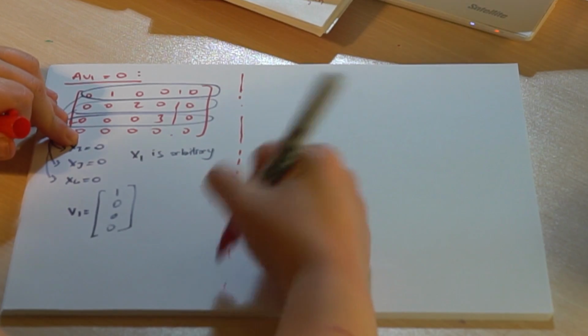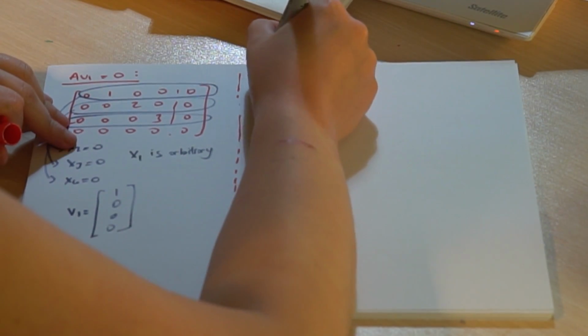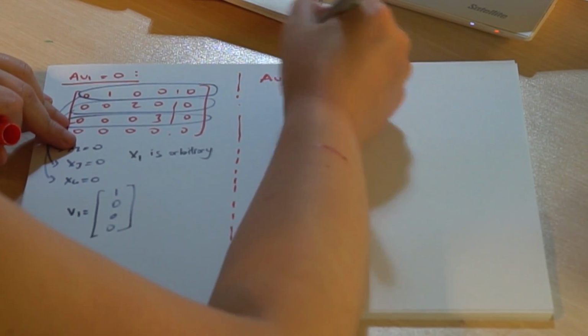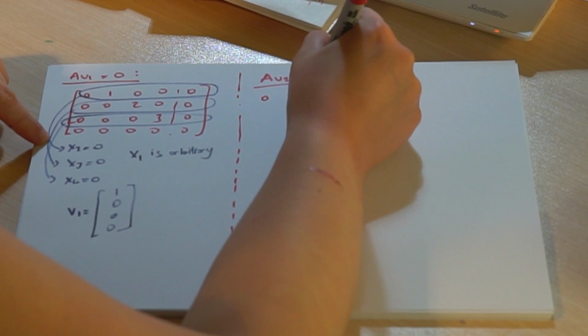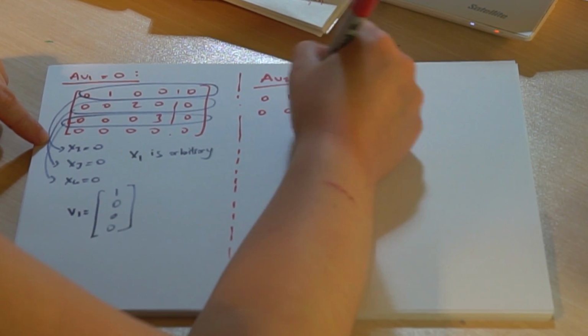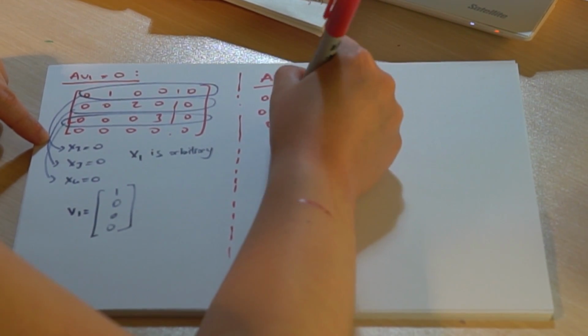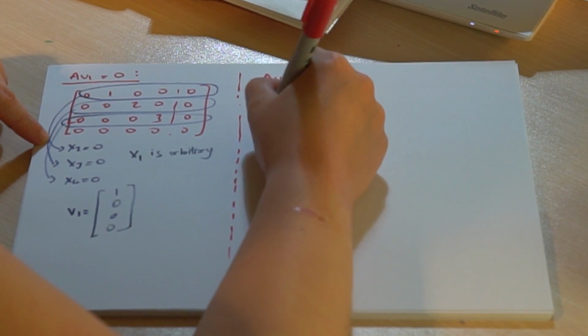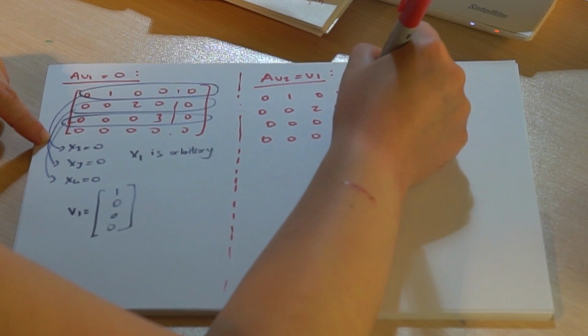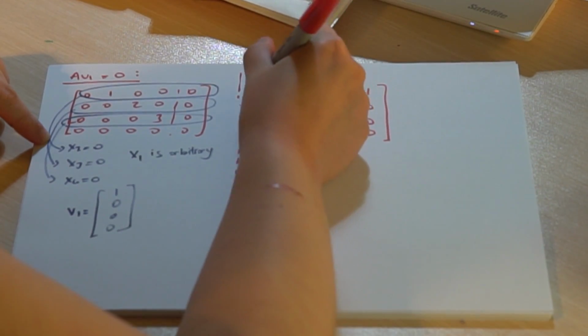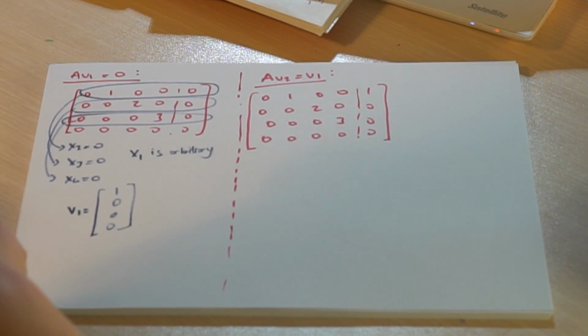Now, for the second system, we need to solve A V2 is equal to V1. So again we have the same matrix A, 0, 1, 0, 0; 0, 0, 2, 0; 0, 0, 0, 3; 0, 0, 0, 0, and on the right side we have 1, 0, 0, 0.